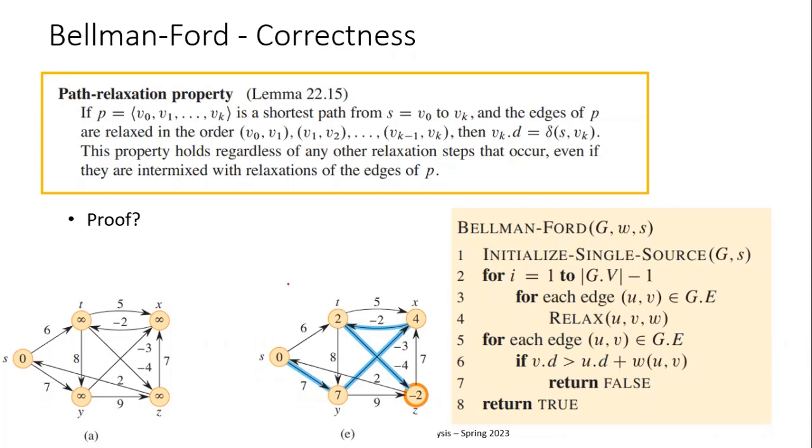So here is an algorithm which we saw earlier, and this finds the shortest paths using the Bellman-Ford algorithm. Essentially we're asking, can you use the earlier path relaxation lemma to prove the correctness of Bellman-Ford? Yes.